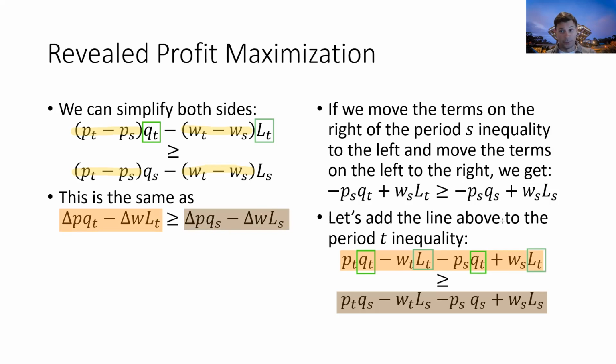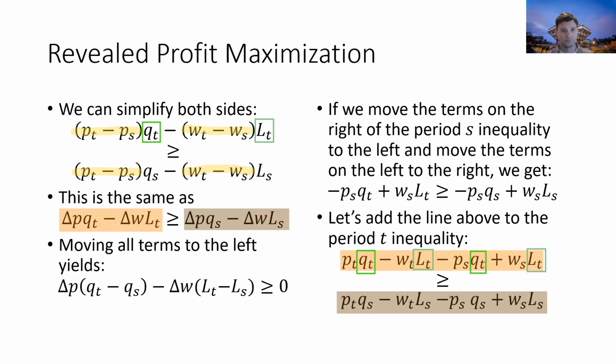The next thing I'm going to do is move all of the terms to the left-hand side. Let's move them all to the left. And hopefully you can recognize here, I've done some factoring.